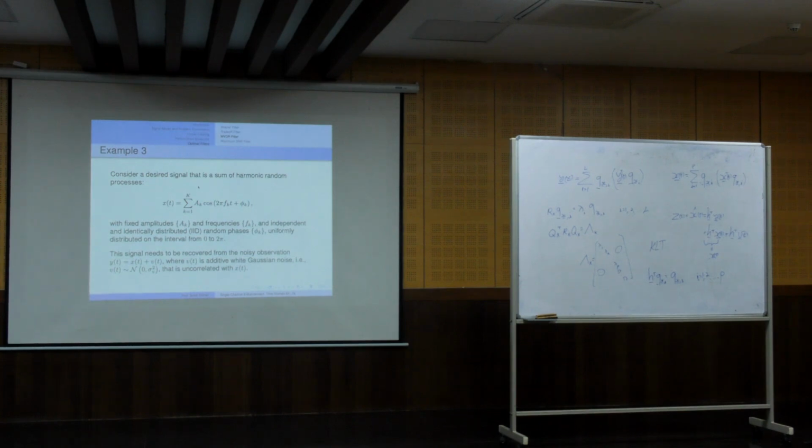Example. Suppose that the signal contains a superposition of a few cosine functions like this, where each cosine has a different amplitude, frequency, and phase.